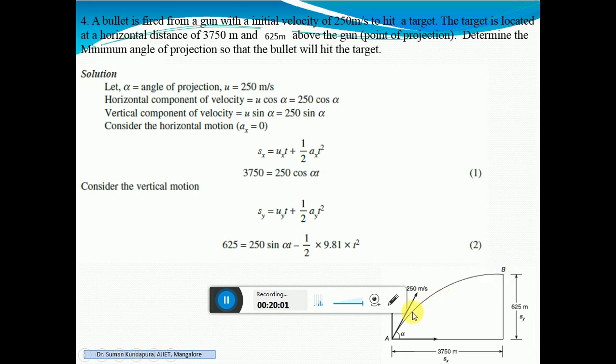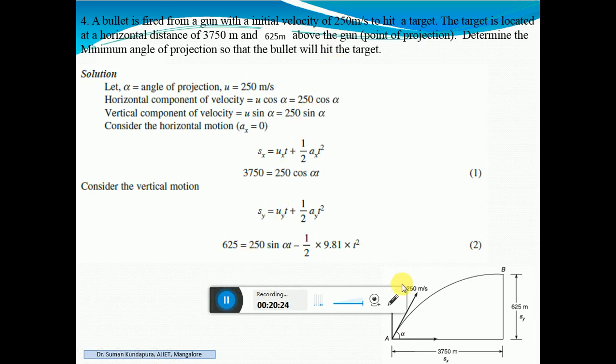They have given you what velocity the gun is fired from point A, that is 250 meter per second. They have given you 3 pieces of information and you are supposed to find out the minimum angle of projection so that the bullet will hit the target.